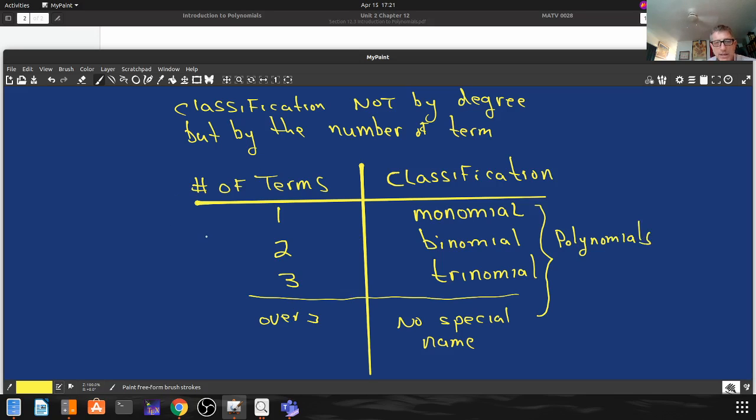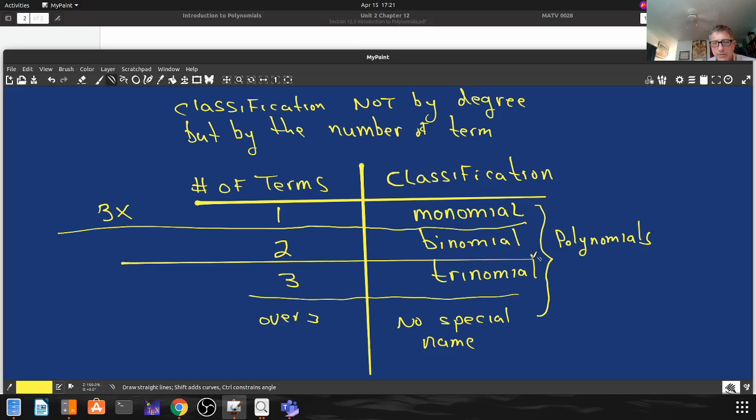Let's do an example of each. 3x, that's a monomial. x squared minus 4, that's a binomial. 3x squared plus 2x minus 1, that's a trinomial.